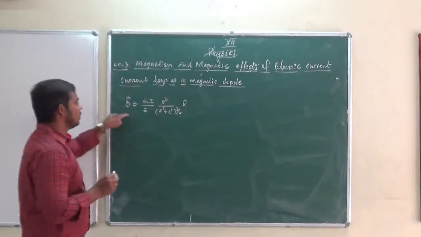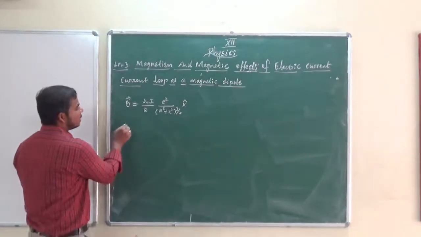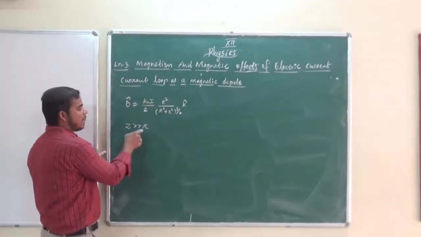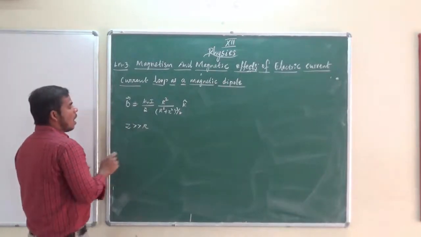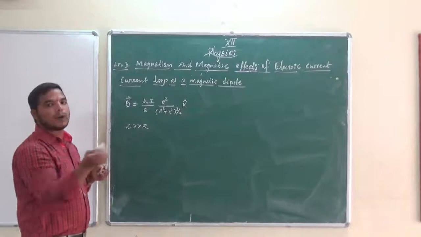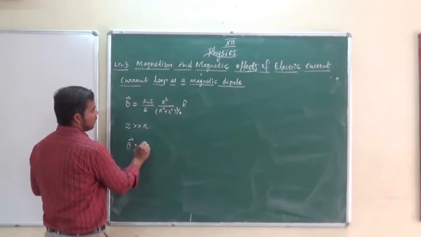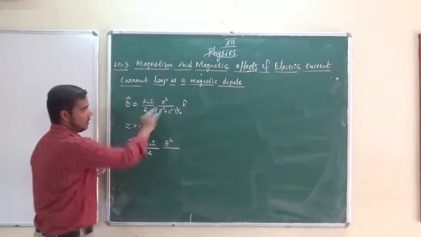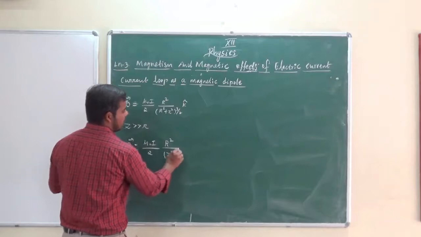How? From the above equation, I want to apply a certain condition. Here Z is very much greater than R. If we compare R with Z, R is small, so we have to neglect the R square term in the denominator. So B vector equals mu naught I divided by 2, numerator R square, divided by the rest of the term, Z square to the power of 3 by 2.